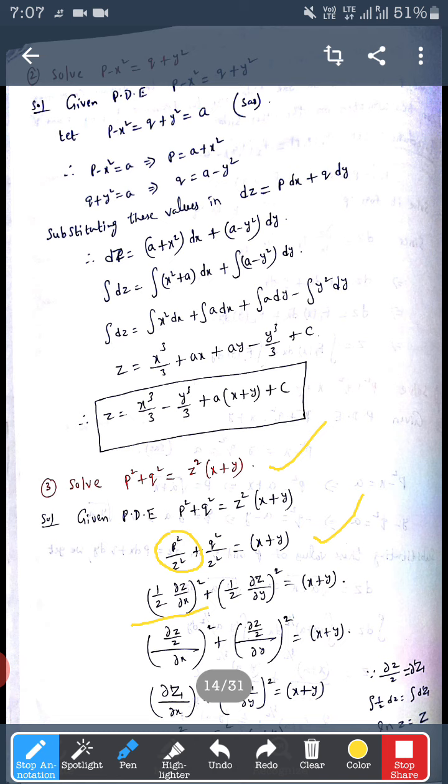That means 1 by z dou z by dou x whole square plus 1 by z dou z by dou y whole square, in place of q we write dou z by dou y. Therefore, further simplification, this one.